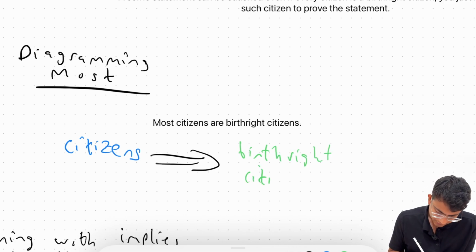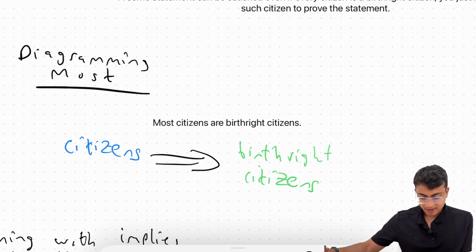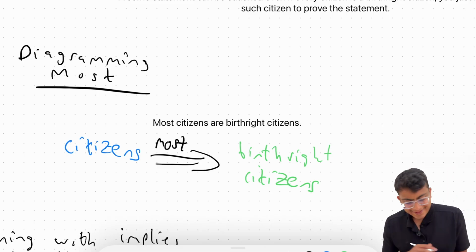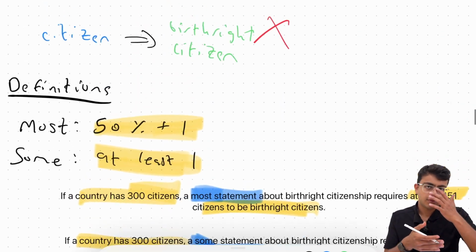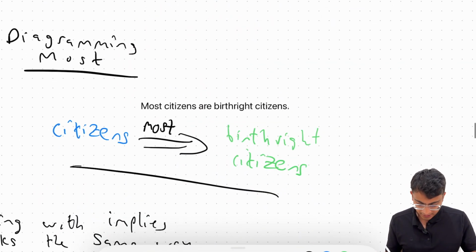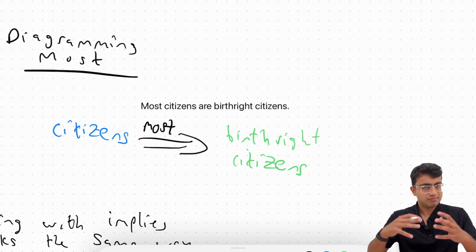But we already know this diagram is incorrect because this expresses all citizens are birthright citizens. So to capture the most, all we are going to do is write most here. This is going to let us differentiate between these diagrams right here and this diagram. This most tells us that this works slightly differently.